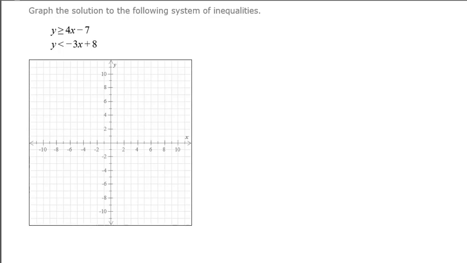So I'm going to rewrite my first inequality, expressing my slope as a fraction: y is greater than or equal to 4 over 1x minus 7. And my second inequality would be y is less than negative 3 over 1x plus 8.